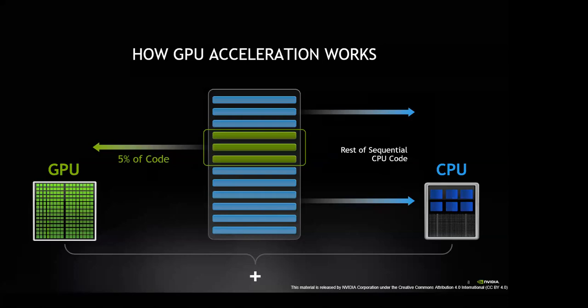But before jumping to OpenACC, I will just remind you how GPU acceleration is working, how you have to port an application. I'm sorry, because I guess most of you have already done or listened to this kind of presentation, but just in case.